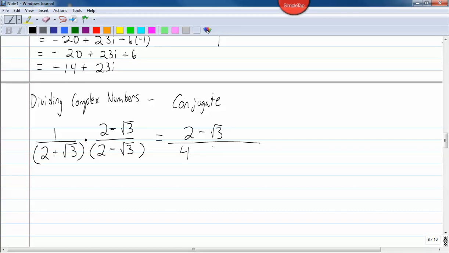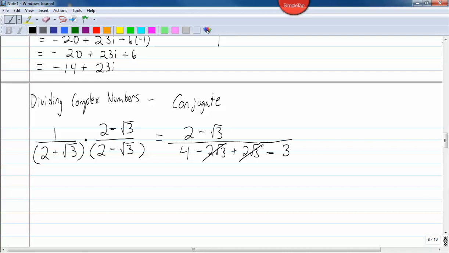So I get 4 minus 2 square roots of 3 plus 2 square roots of 3, and then a positive square root of 3 times a negative square root of 3 is going to be a negative 3. Square root of 3 times square root of 3 is square root of 9, which is 3, but since there's a minus right here, that makes it a negative. Now look what happens to the middle terms. They cancel out.